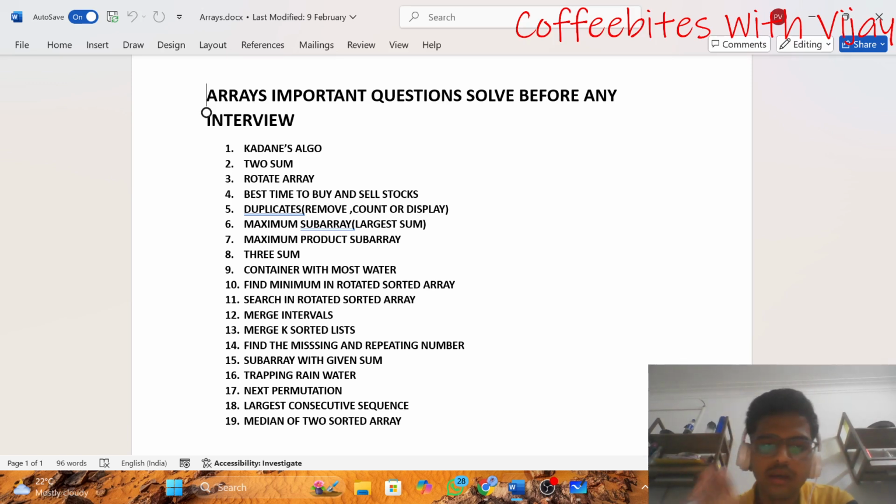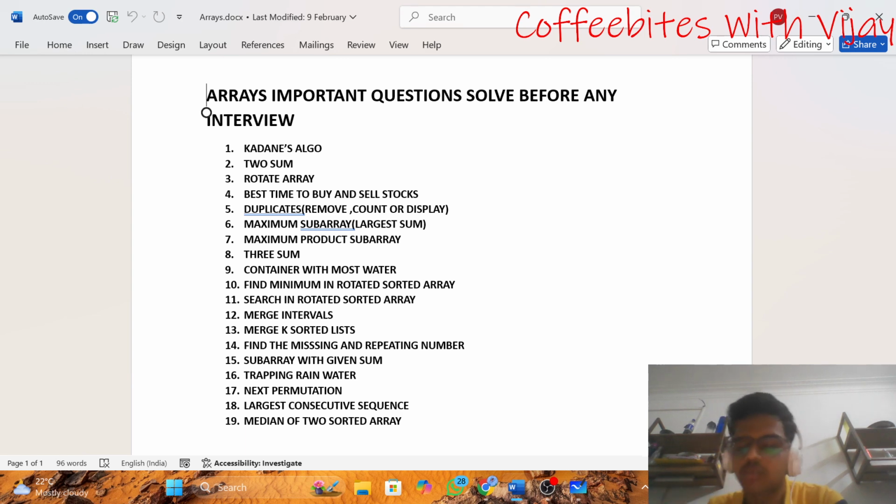But here we cannot neglect the negative values, because when we multiply two negative numbers, we get a positive number. Since we are doing multiplication here, we need to consider the negative values. So we cannot apply Kadane's algorithm to the maximum product subarray.